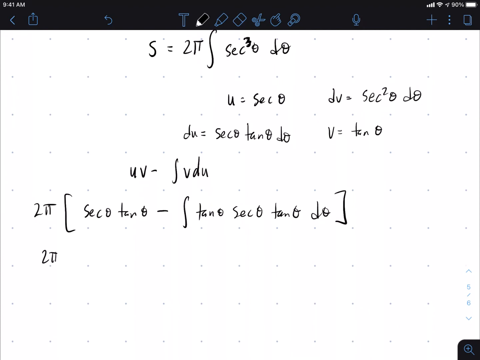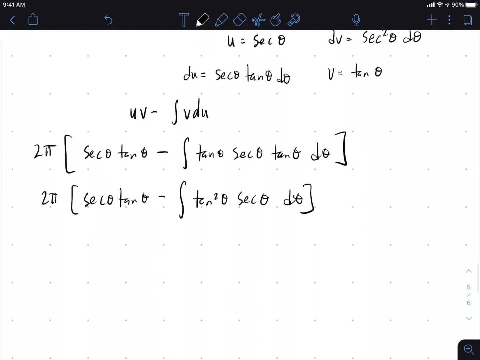So then 2 pi secant theta tangent theta minus the integral of tangent squared theta secant theta d theta, right? Yes, right.